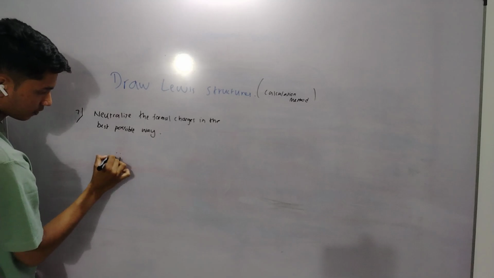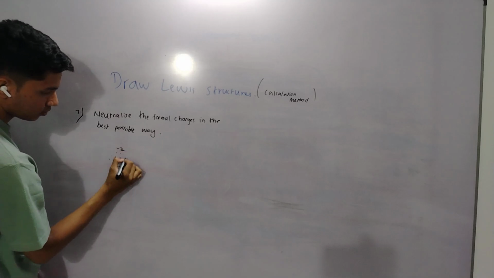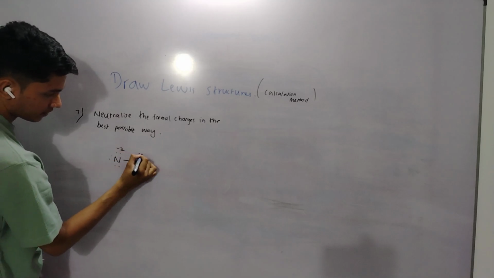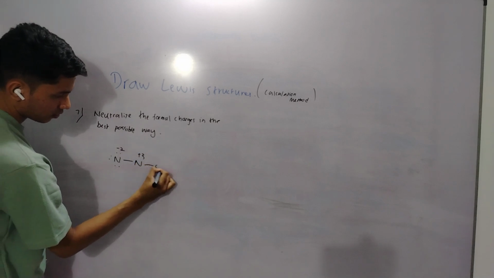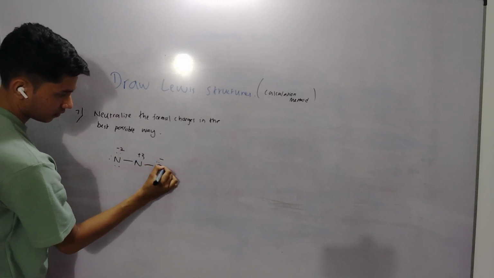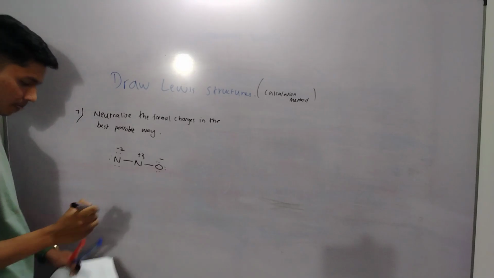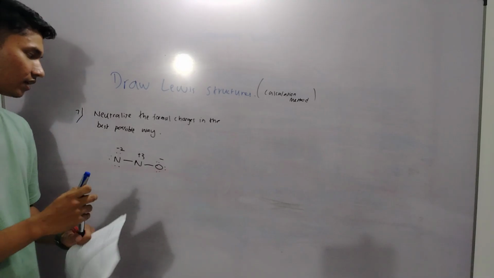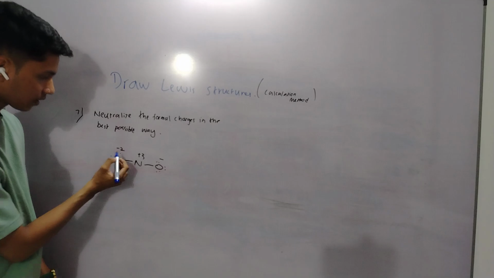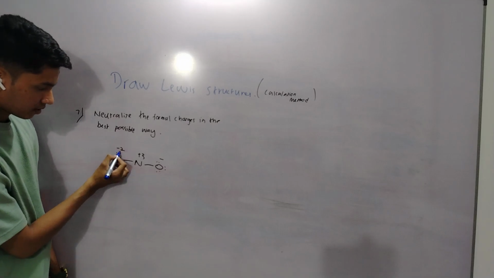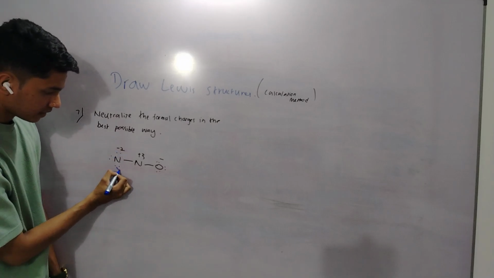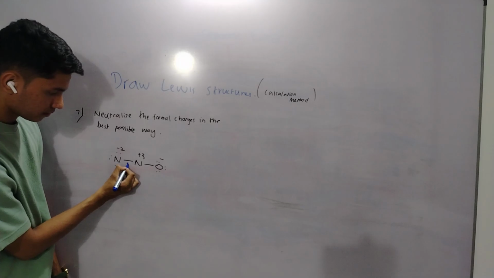N minus 6, minus 2, N 3, oxygen minus 1. So we neutralize the charges by transferring electrons. You transfer this electron here.